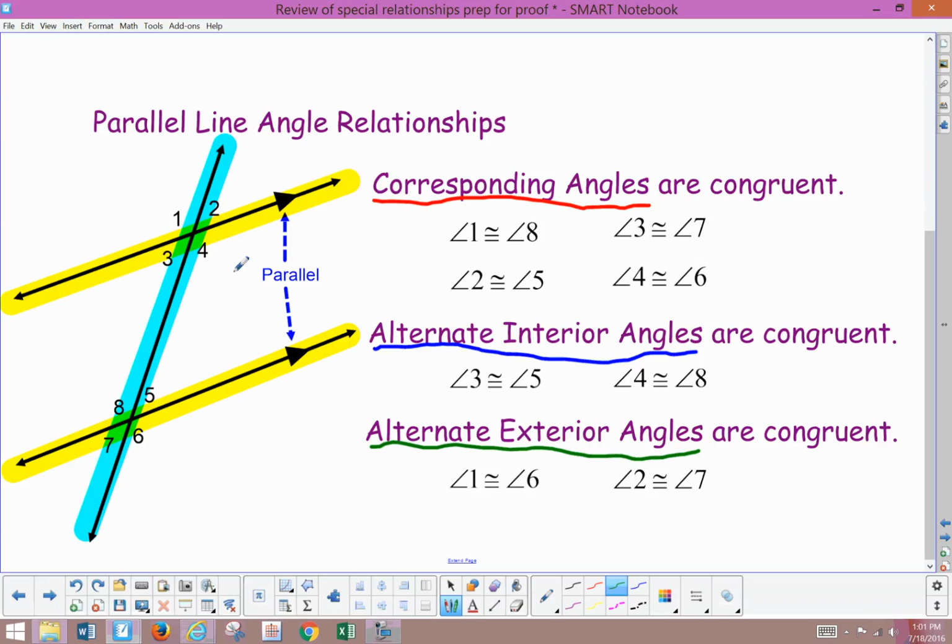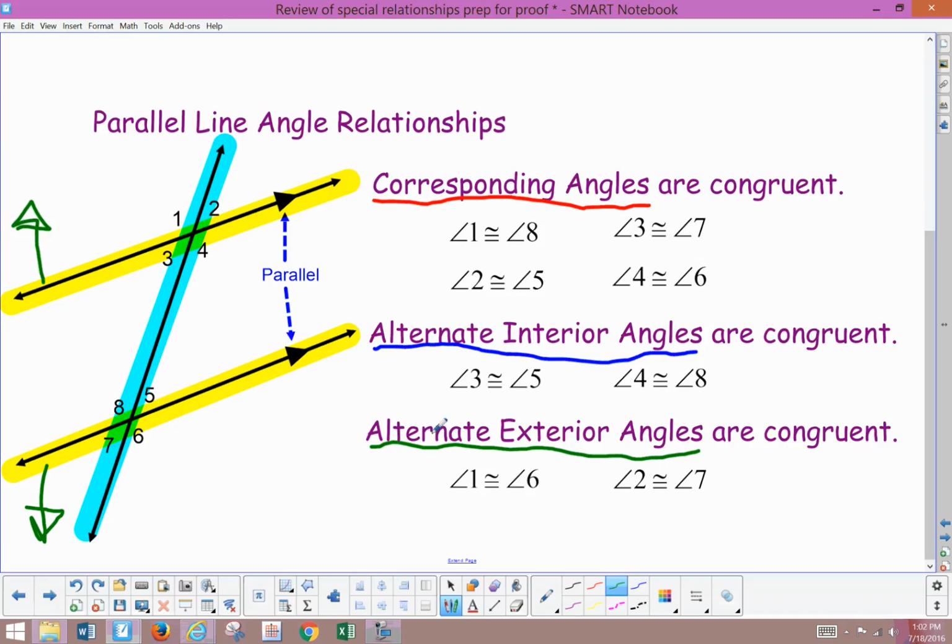So we're not going to be looking inside. We're going to be taking a look at outside. So from our top parallel line, we'd be going out. From our bottom parallel line, we would be going out. We're not going to be dealing with the inside angles. So our exterior angles are 1, 2, 7, and 6.